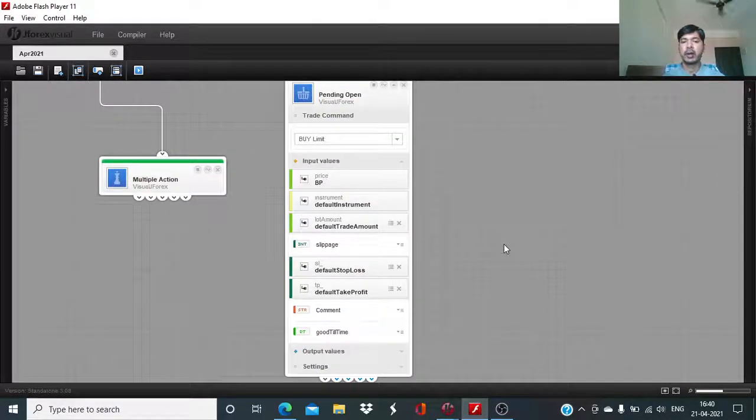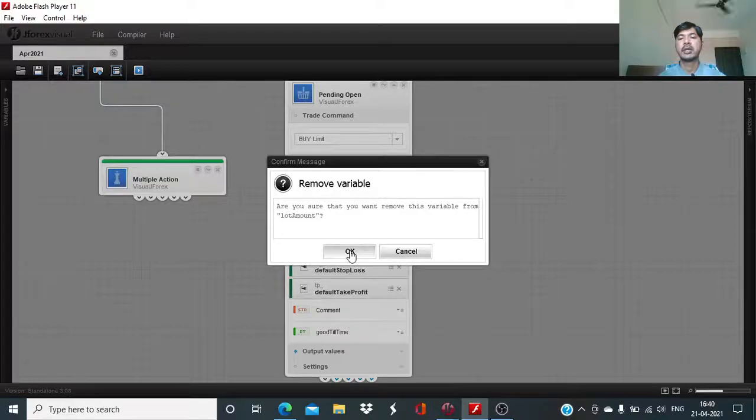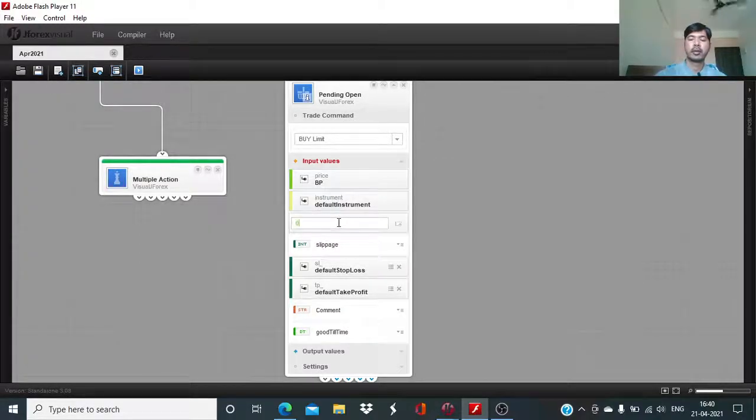Then we have to define the other parameters as well. Default instrument will remain Euro USD. Trade amount I will change to 0.1 million. Slippage 2 pips should be good enough.